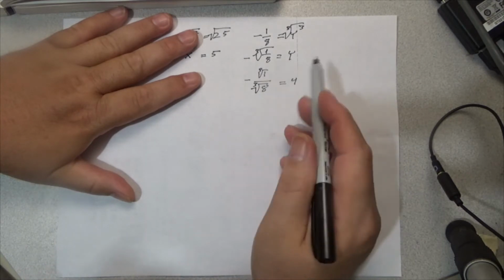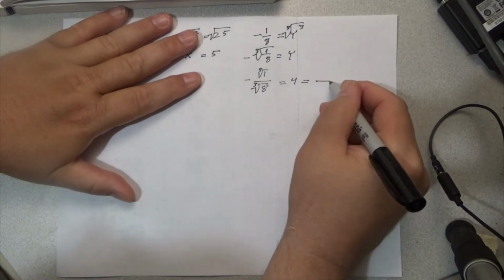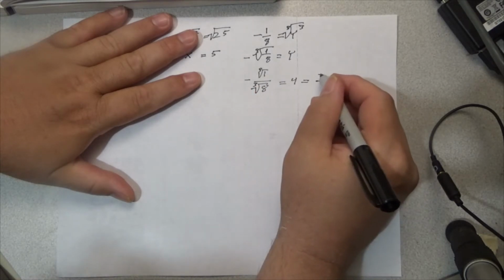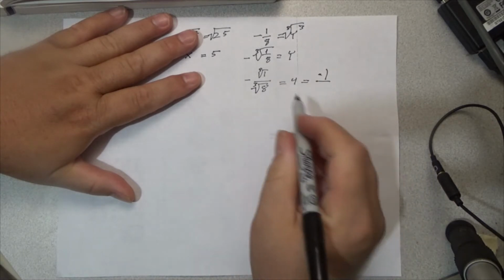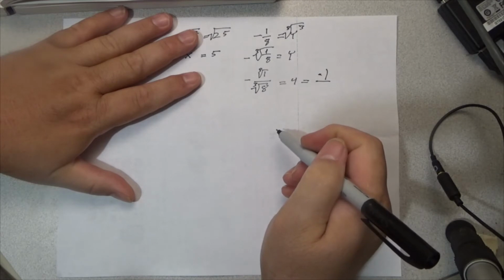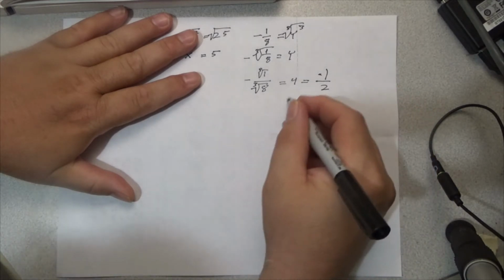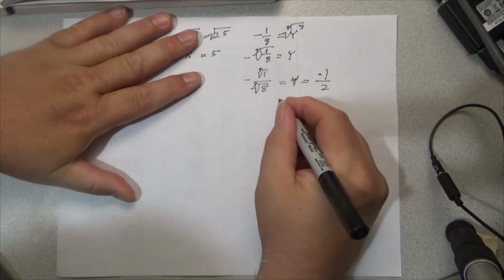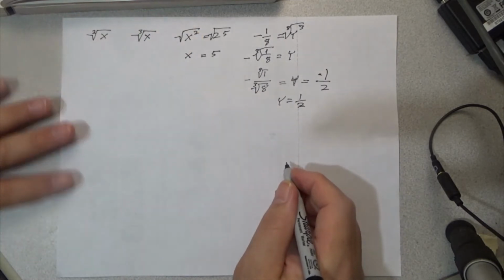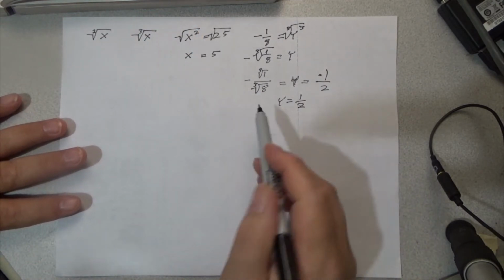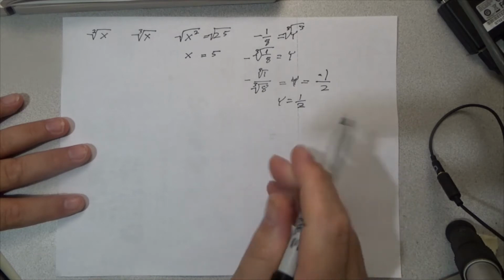So the cube root of 1 is 1, and the cube root of 8 is 2. So y is equal to negative 1/2. You can do it on your calculator, but if you happen to know that the cube root of 8 is 2, you can just say it.